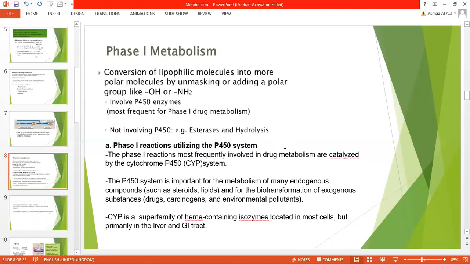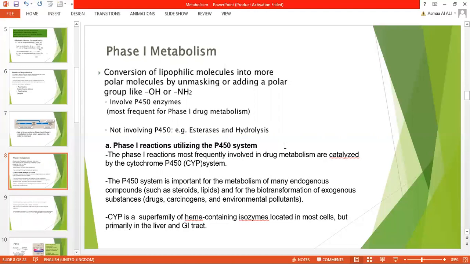Phase 1 reactions most frequently involved in drug metabolism are catalyzed by cytochrome P450, which is important for the metabolism of many endogenous compounds such as steroids and lipids, and for biotransformation of exogenous substances such as drugs, carcinogens, and environmental pollutants.